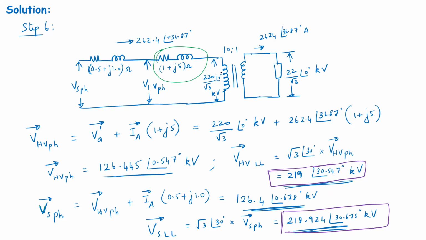So the load value when reflected onto the primary side or the high voltage side is 220 kV, but the sending end voltage is only 218.9 and the primary side of the transformer is having only 219 kV. So the load voltage is greater than the source voltage, and this is due to leading current.